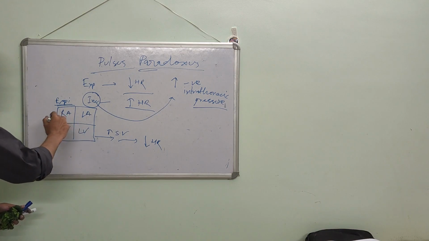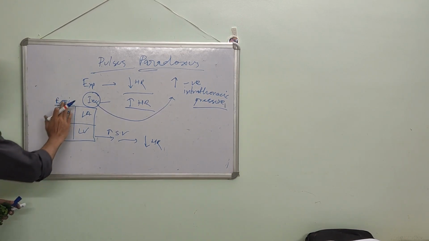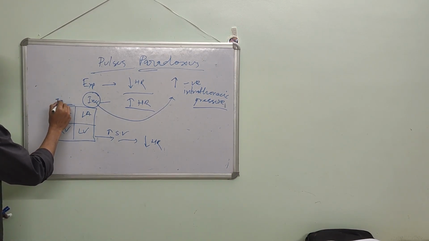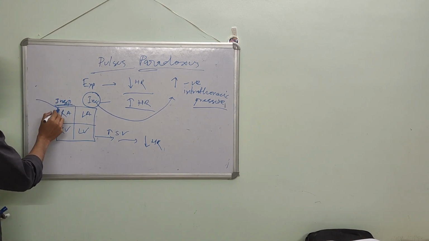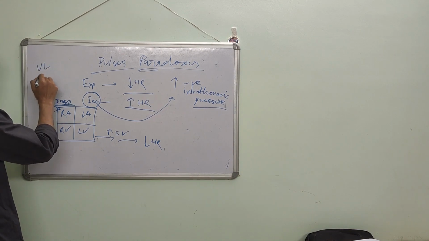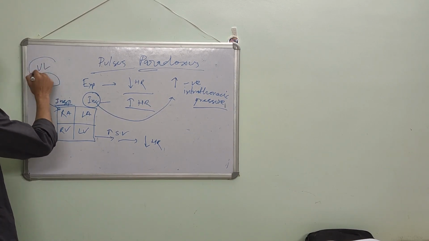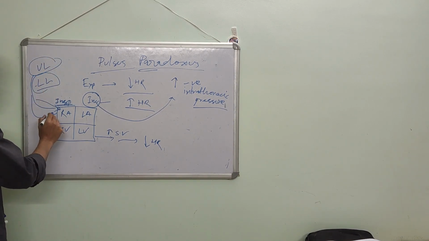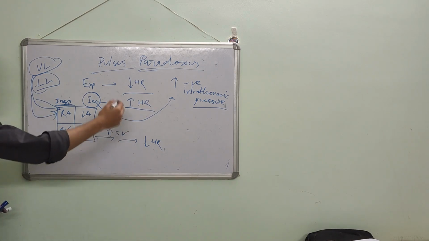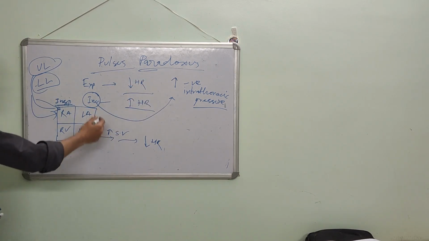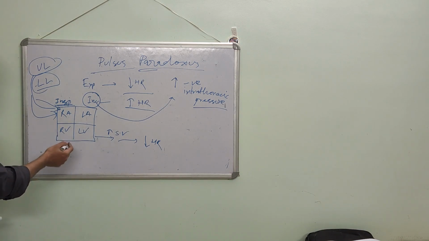More blood is coming to the right atrium from the upper limb and the lower limb, right? From these two, more blood is coming to the right atrium due to increased negative intrathoracic pressure during inspiration. So what happens if more blood comes to the right atrium?